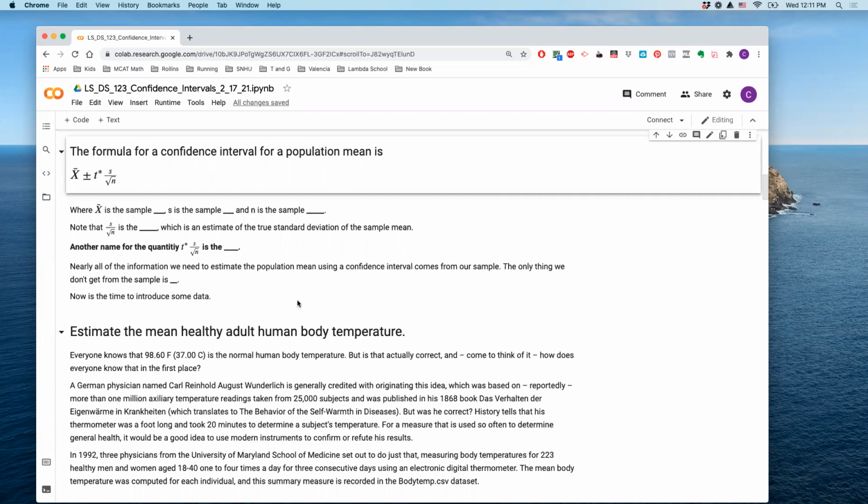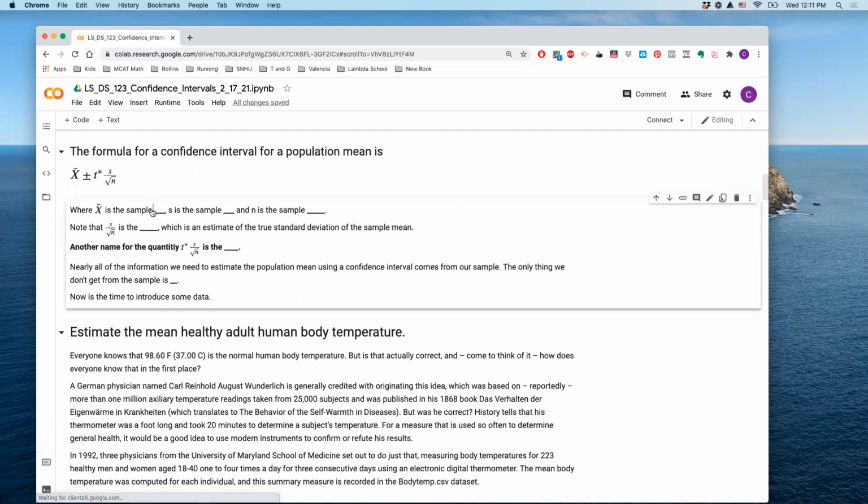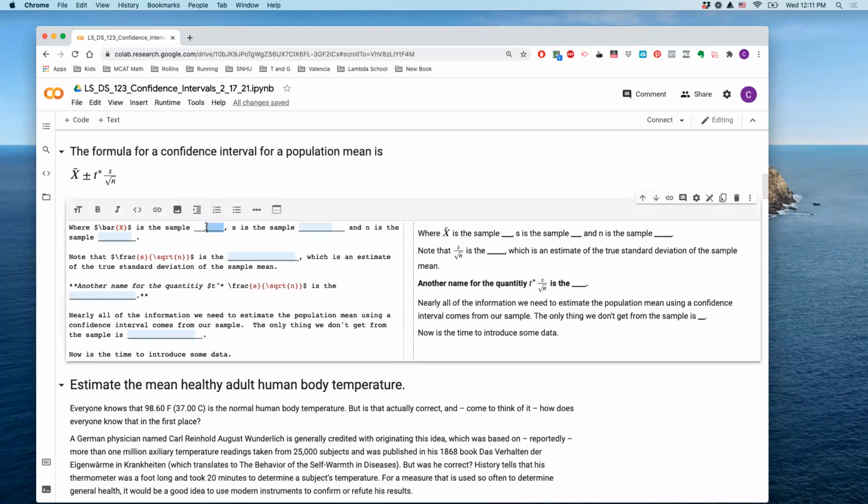So the first thing we've got is X bar, and that is a symbol that we use to represent the sample mean. Because if we think about it, we've got a whole population. We took the time to get a sample from that population. And we want to estimate the population mean. Well, what does it make sense to estimate the population mean using?